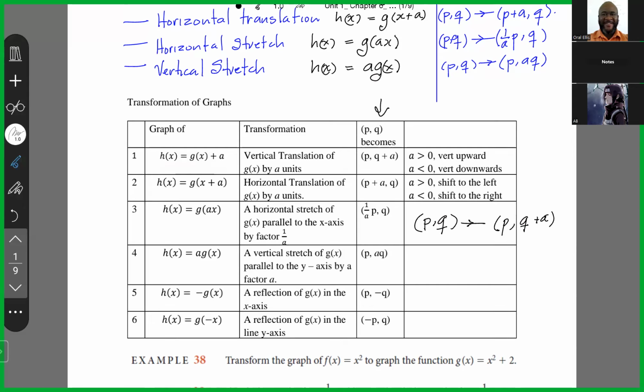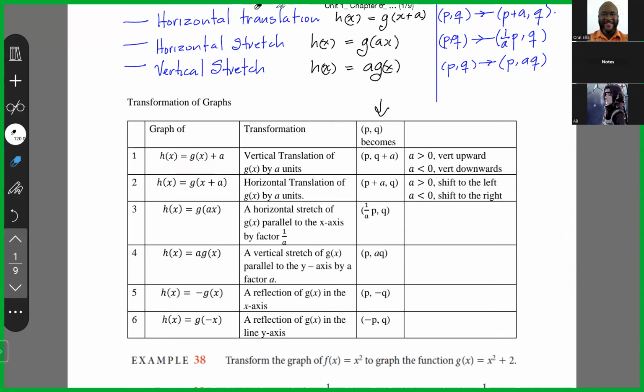So the point P, Q in a vertical translation becomes the point P, Q plus a. So if a is greater than 0, which means that a is positive, the movement is vertically upwards.